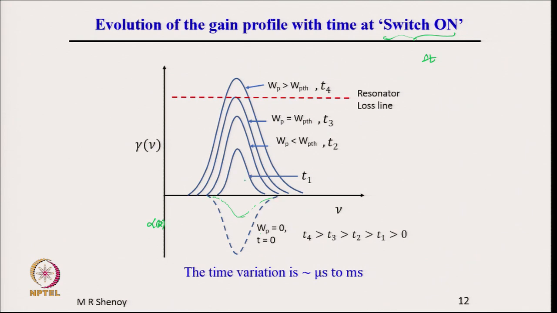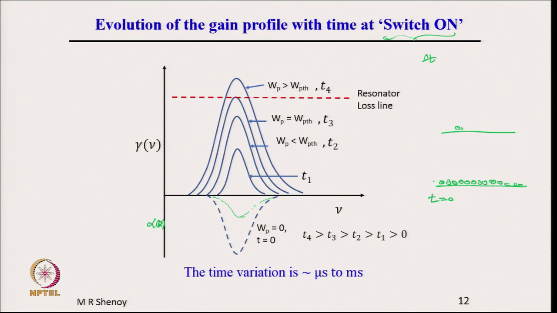As time increases, the pump has switched on. As you know, when the pump is switched on, atoms start moving. To begin with, almost all the atoms are in the ground level, and there may be very few, 1 or 2 atoms, up here at t equal to 0.